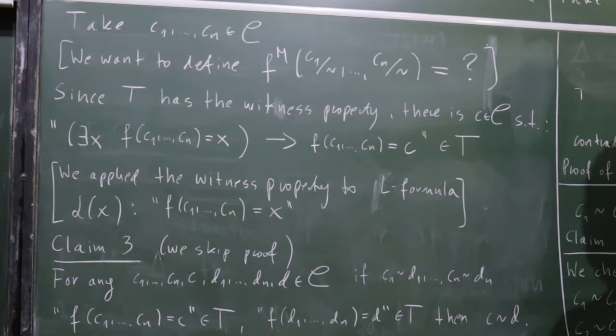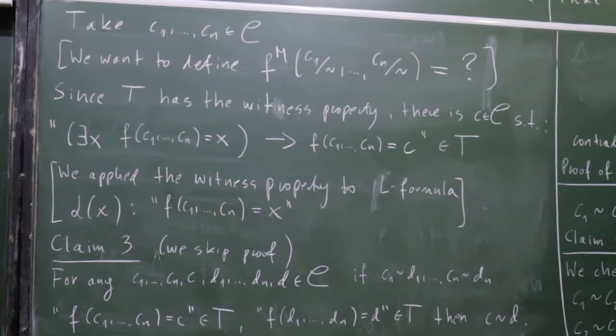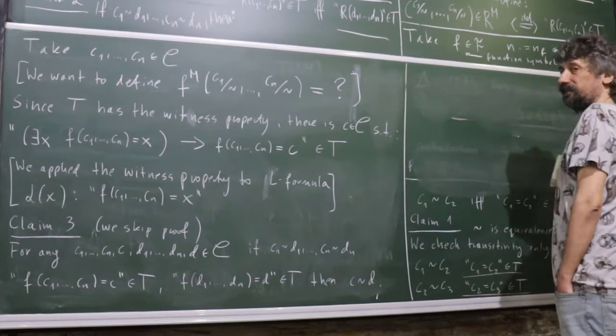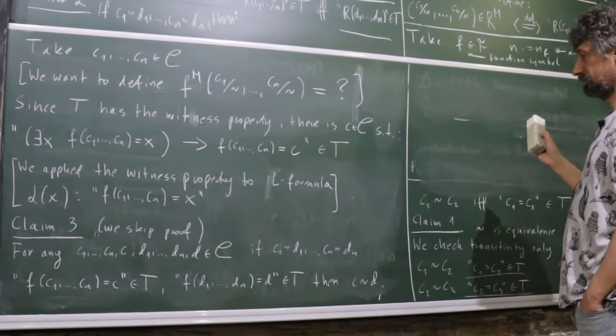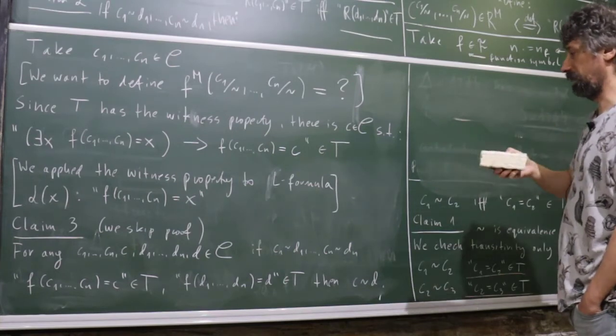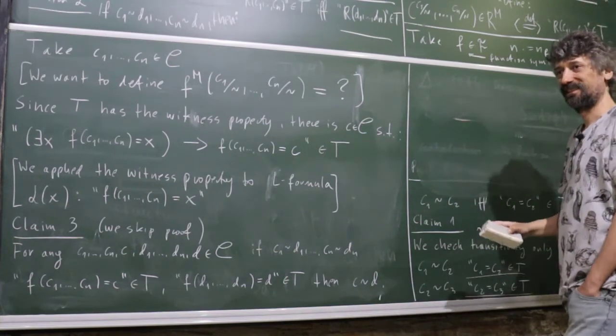So C is equal to D, and in the quotient, in M, this value is equal.